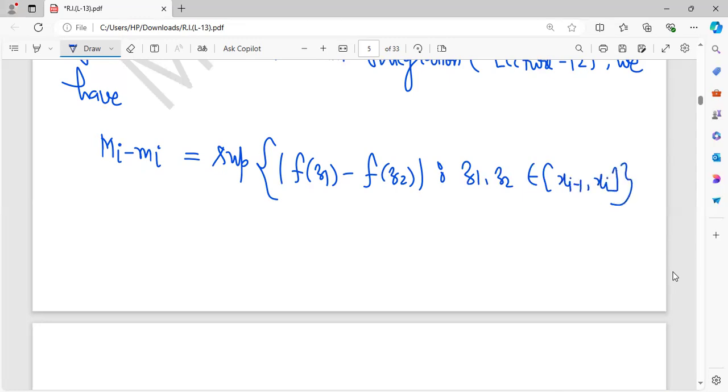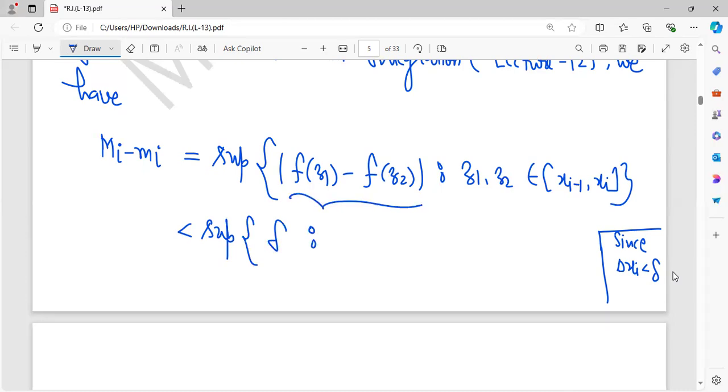Okay, but the norm of the partition, since the norm, delta xi, is less than delta, f is uniformly continuous, so this is less than the supremum.